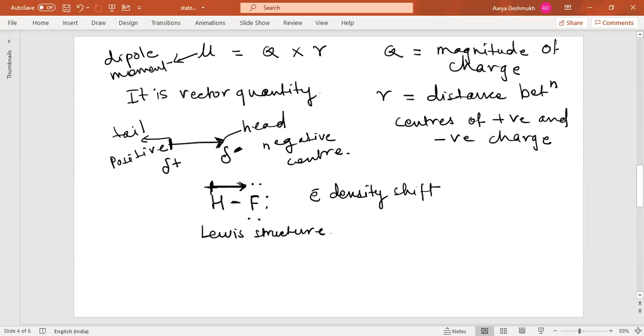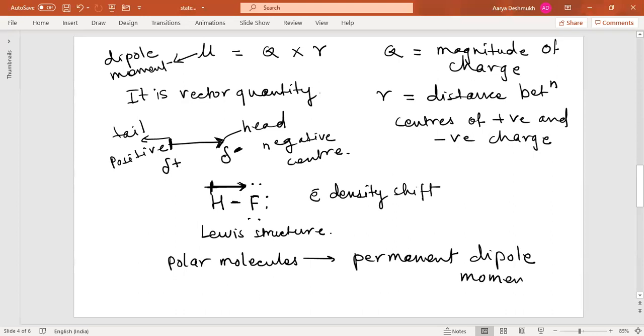So the polar molecules will always have permanent dipole moments. This is important: permanent dipole moment. The dipole moment is developed due to the electronegativity difference between hydrogen and fluorine, and so on.